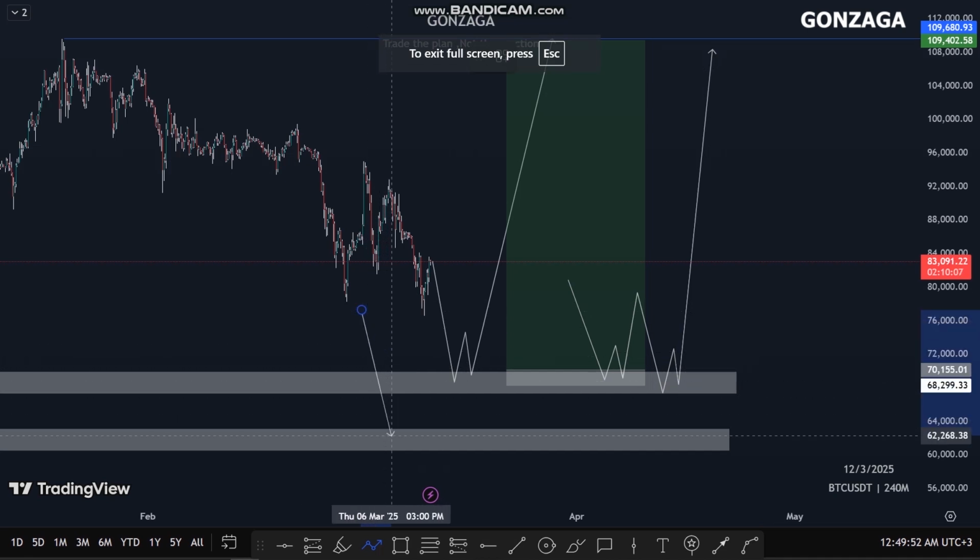Another possible move is that the market may come down here, go up, come down, and retest there, then it goes. It may break through this order block, then use this order block.